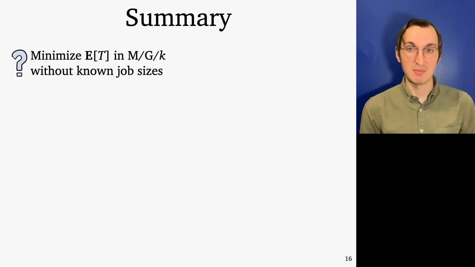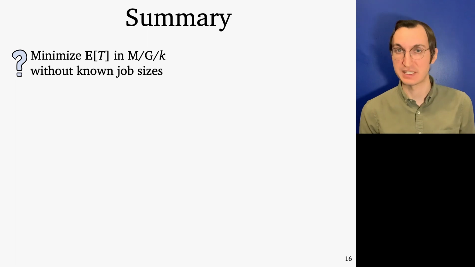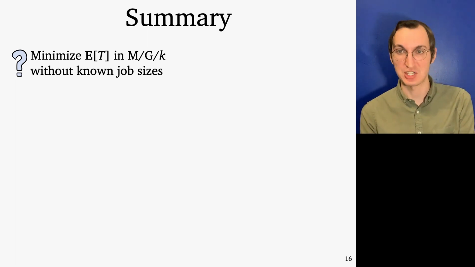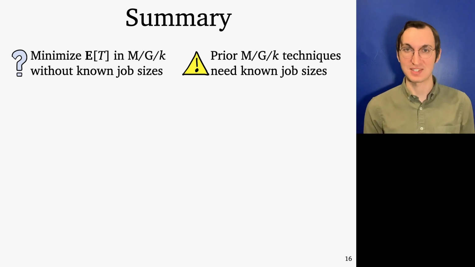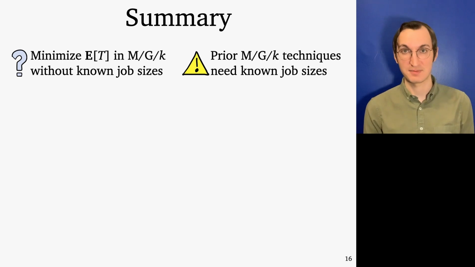So, to sum up, today we talked about how to minimize mean response time in the M/G/k without known job sizes. That is, unknown job sizes or partially known job sizes of some sort. In the single-server setting, we know that Gittins is the right policy. And so we were wondering, can we analyze Gittins in the M/G/k? The problem was that prior M/G/k techniques really needed known job sizes or other kinds of worst-case information about the system that we didn't have in the unknown or partially known job size settings.